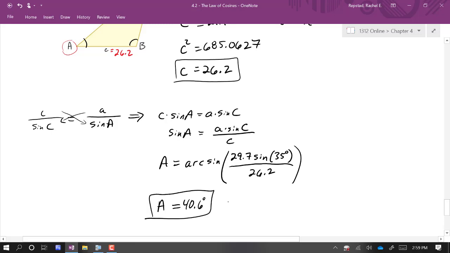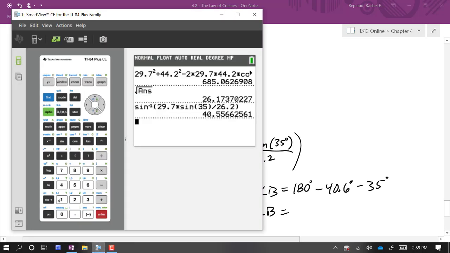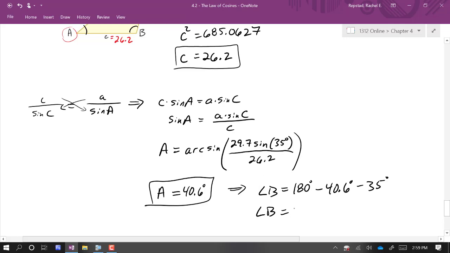There's angle A, and that means then that angle B is 180 minus 40.6 minus 35 degrees. And that's 104.4.